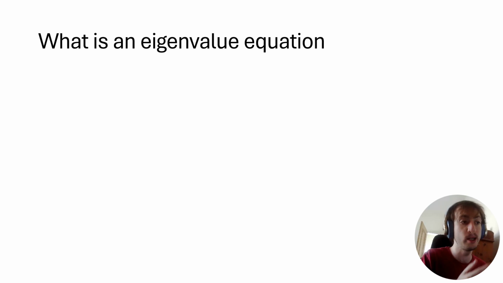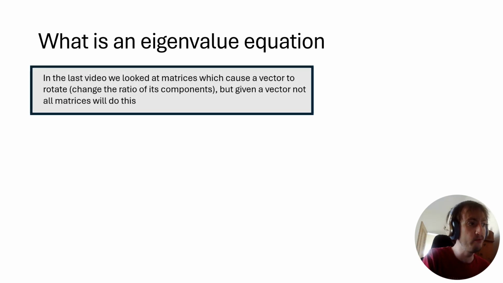So now we've had a brief introduction to what the eigenvalue equation is, let's be a bit more specific about it. In the last video, we looked at matrices which can cause a vector to rotate, and rotation is mathematically described by changing the ratio of the components of the vector.